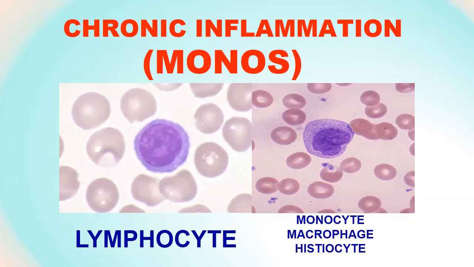On the right is a monocyte or macrophage or histiocyte, which is a large cell, has an irregular or kidney-shaped or bean-shaped nucleus and abundant cytoplasm containing phagocytized or engulfed particles.